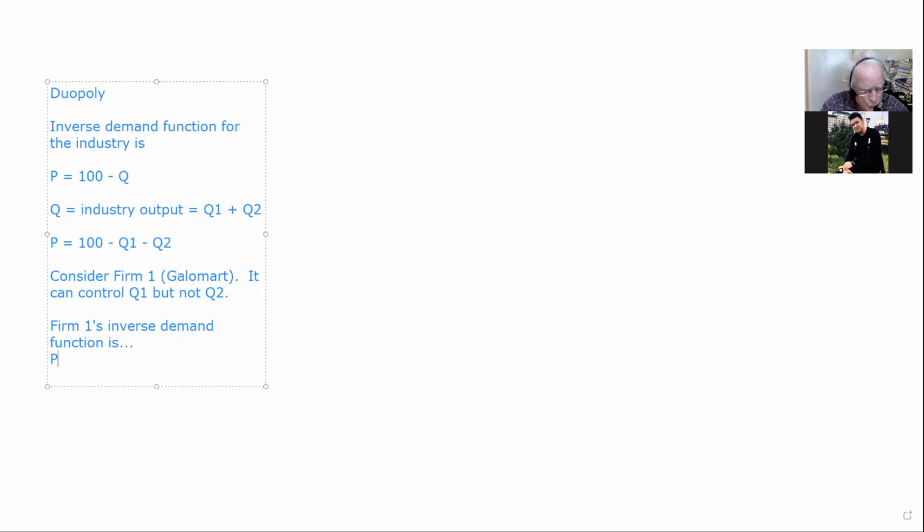The market price that both firms can receive is equal to 100 minus Q1 minus Q2, but Q2 is a constant as far as firm 1 is concerned.